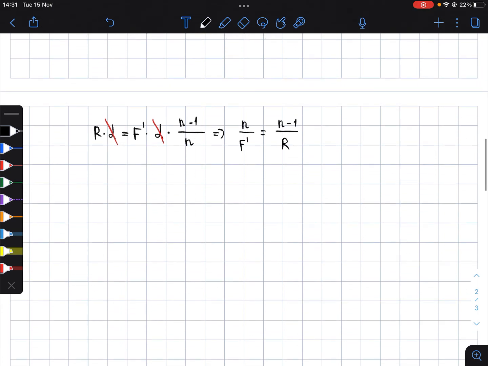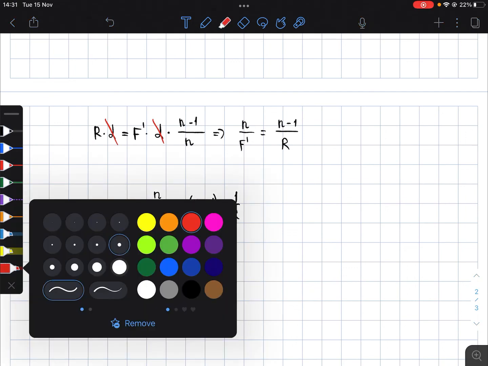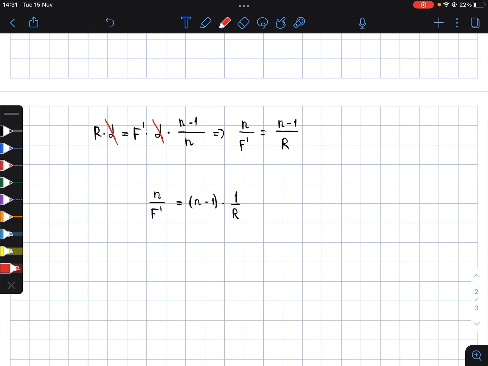Let's write it like that: n divided by F prime is equal to n minus 1 multiplied by 1 divided by R. Okay, we found how focal length depends on index of refraction and radius of the curvature of our surface. This is our final formula.